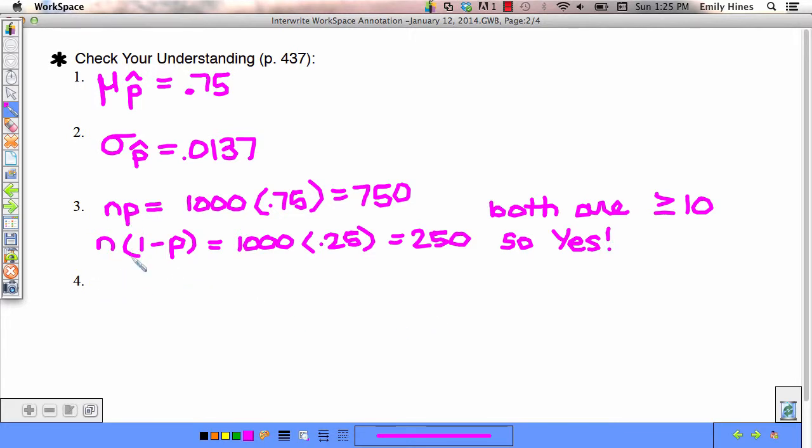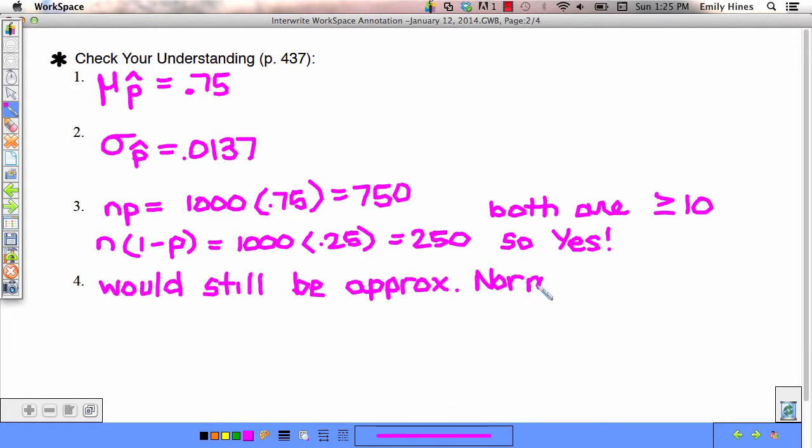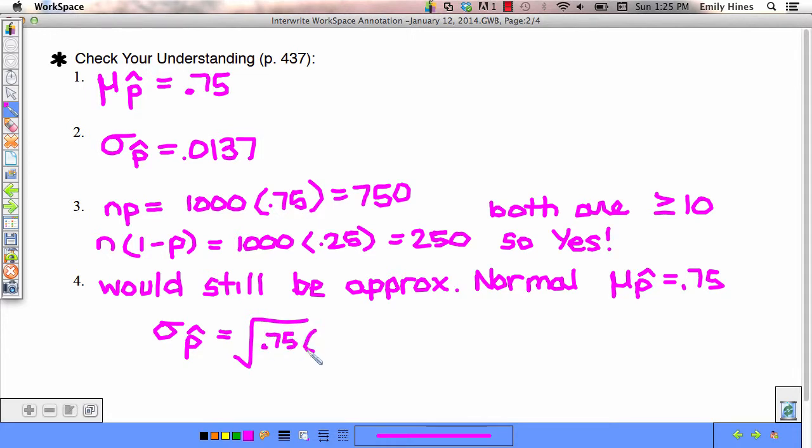Okay, and for 4, it would still be approximately normal with a p-hat equal to 0.75 and our standard deviation would be the square root of 0.75 times 0.25 over 9,000, which is 0.0046.